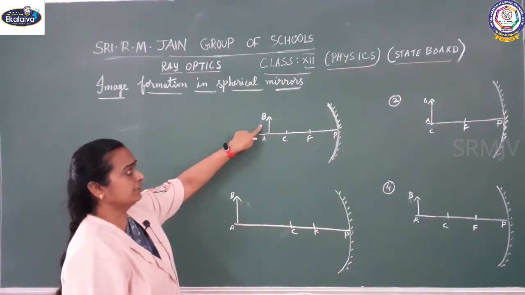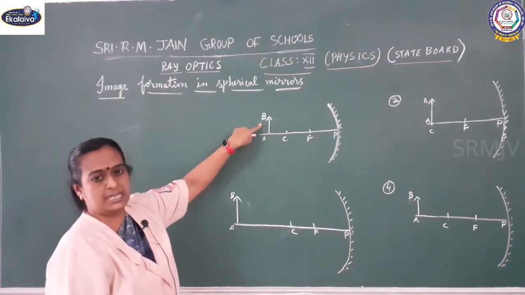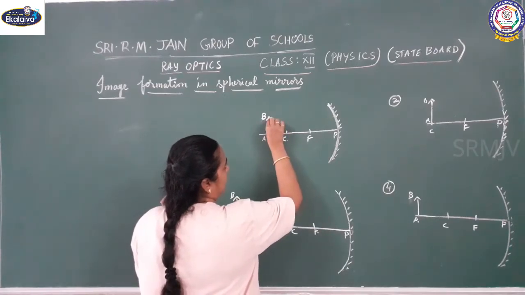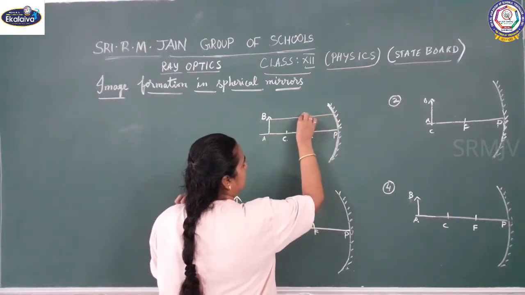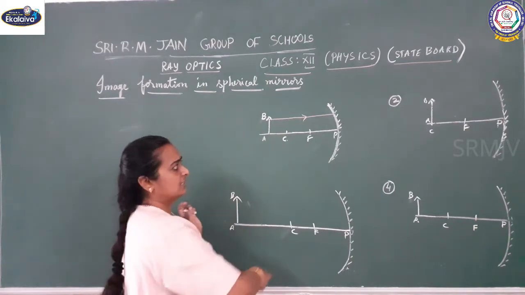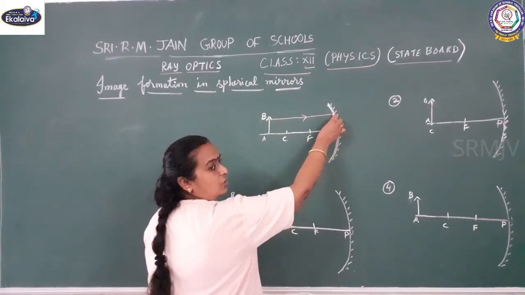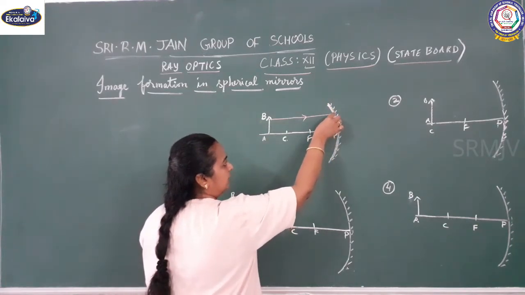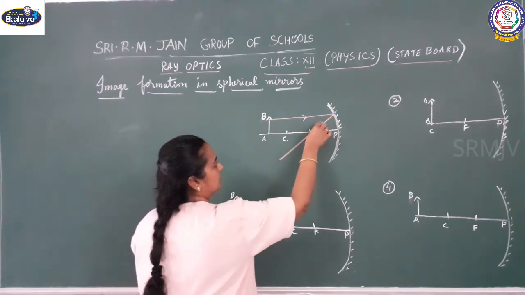So I am going to consider a ray coming out from the source AB, a ray which is parallel to the principal axis. This ray gets incident at this point on the mirror. It gets reflected. After reflection, it passes through the principal focus.